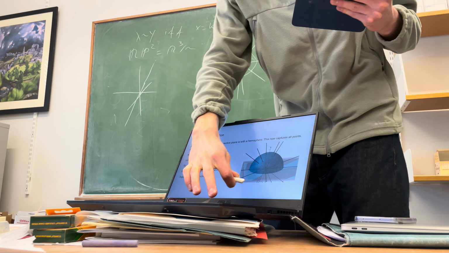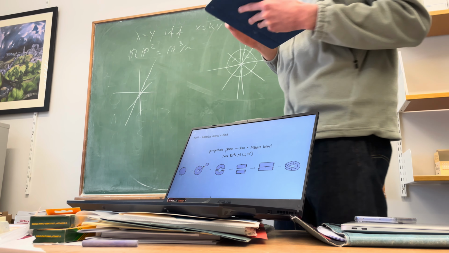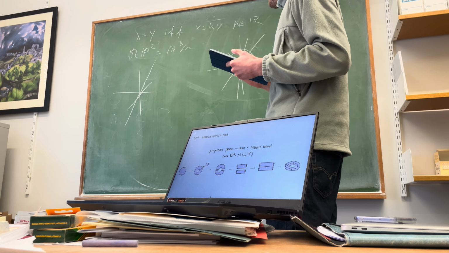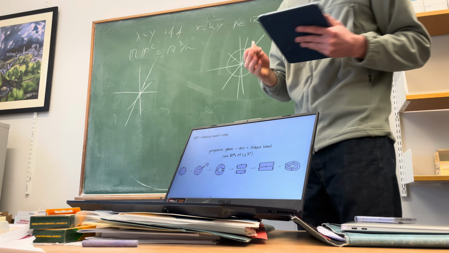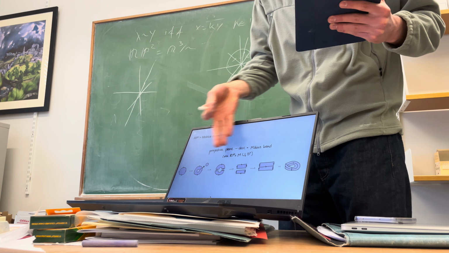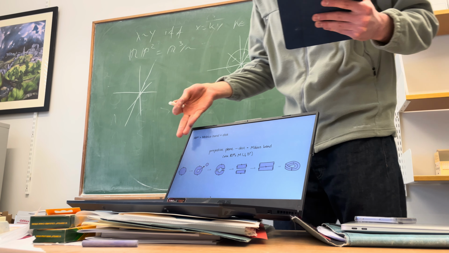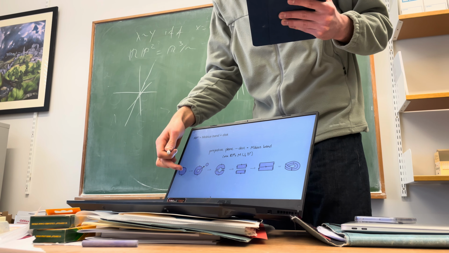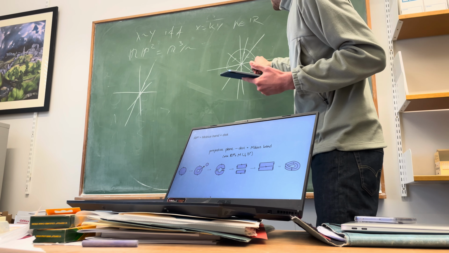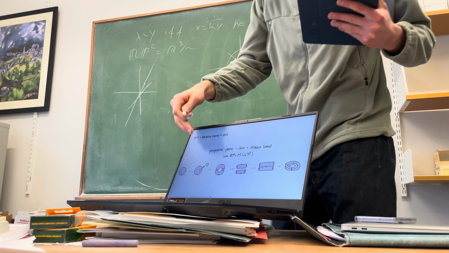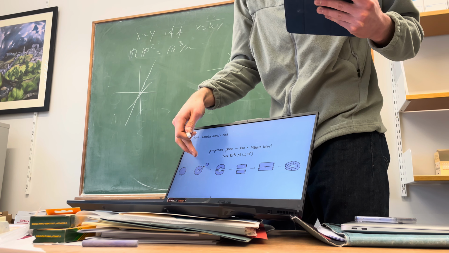And with this identification, we can learn about the topology of the projective plane. The procedure is given in the picture. This is the sphere, right? You just flatten it out. Since you identify opposite points, you cut out a disk.